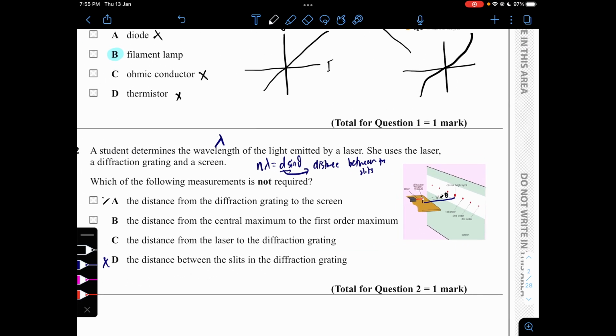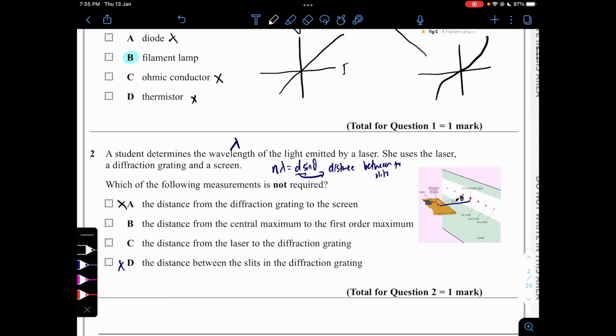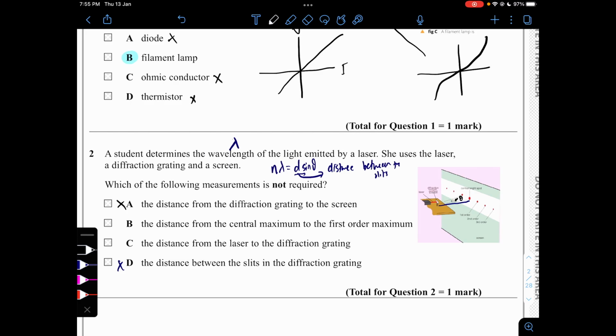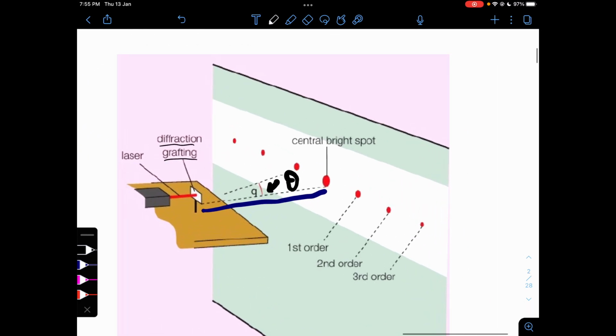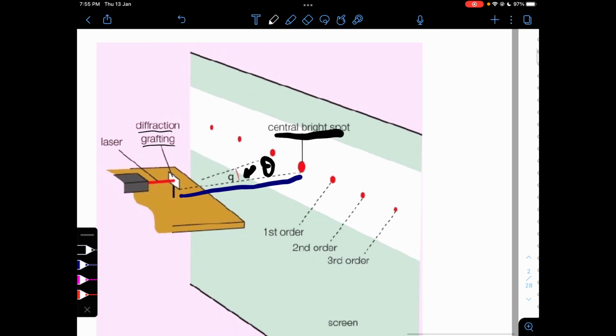So it is required. What about the distance from the central maximum to the first order maximum? So we have the central and the first order. Now this distance here is also this distance here. If you look at it like a triangle, it would look like a triangle from here to here to here.